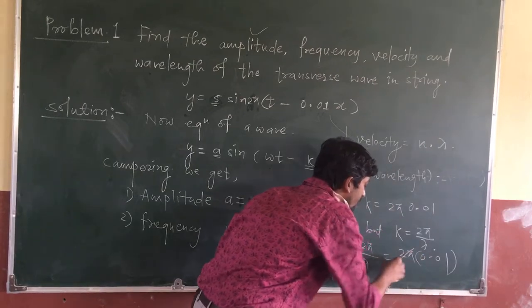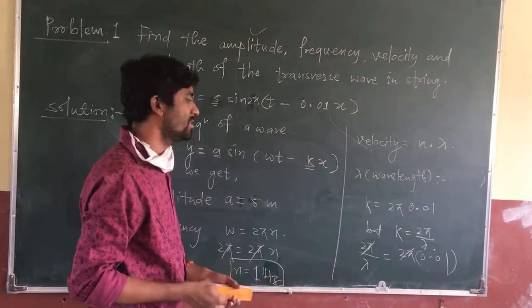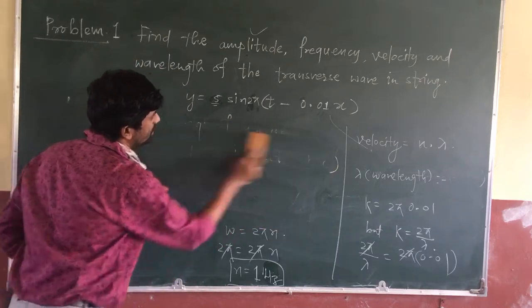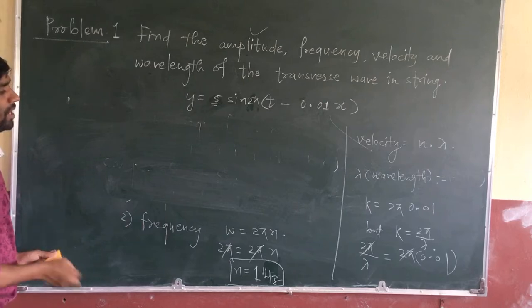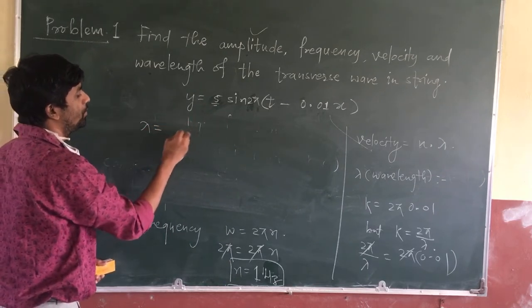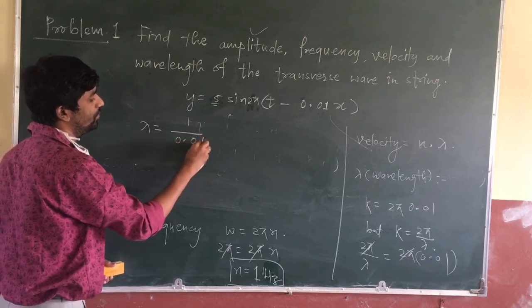This 2 pi and 2 pi get cancelled, and we will get lambda equals 1 upon 0.01.